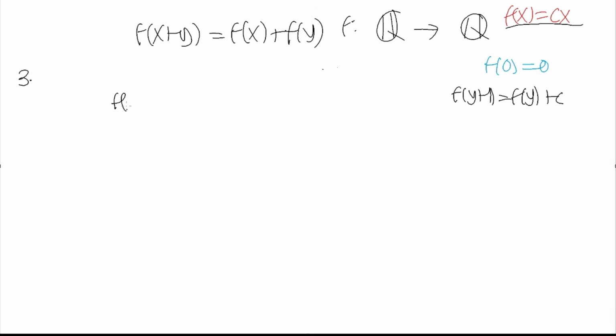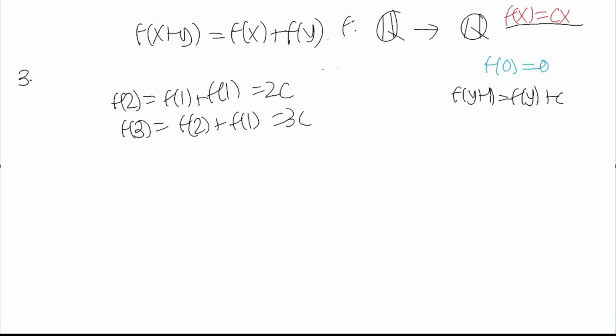because we know that value and we can do stuff with that. And then we get f(2) = f(1) + f(1), and that's equal to c + c. Now we know f(2), so we could plug in 2 here and 1 here, or 1 here and 2 here, and then get f(3) = f(2) + f(1), which is 3c.